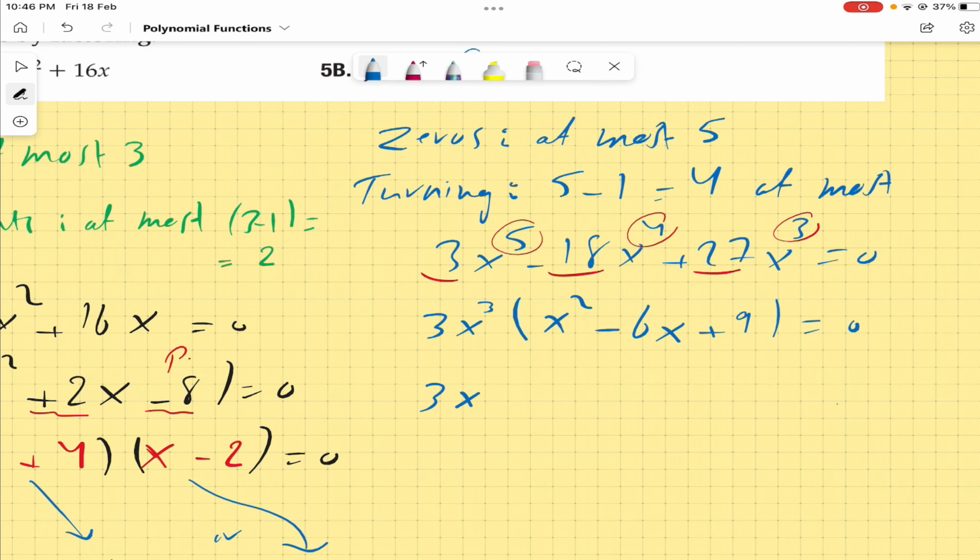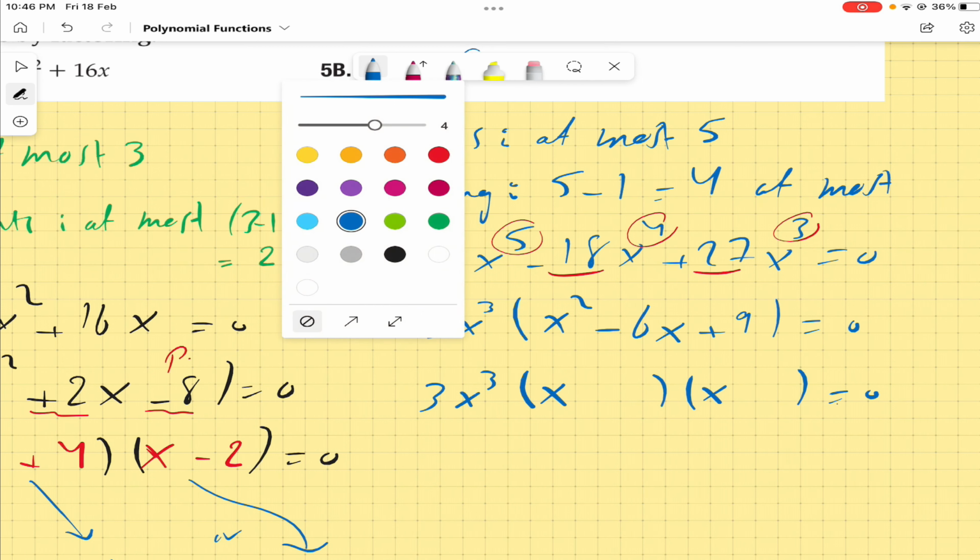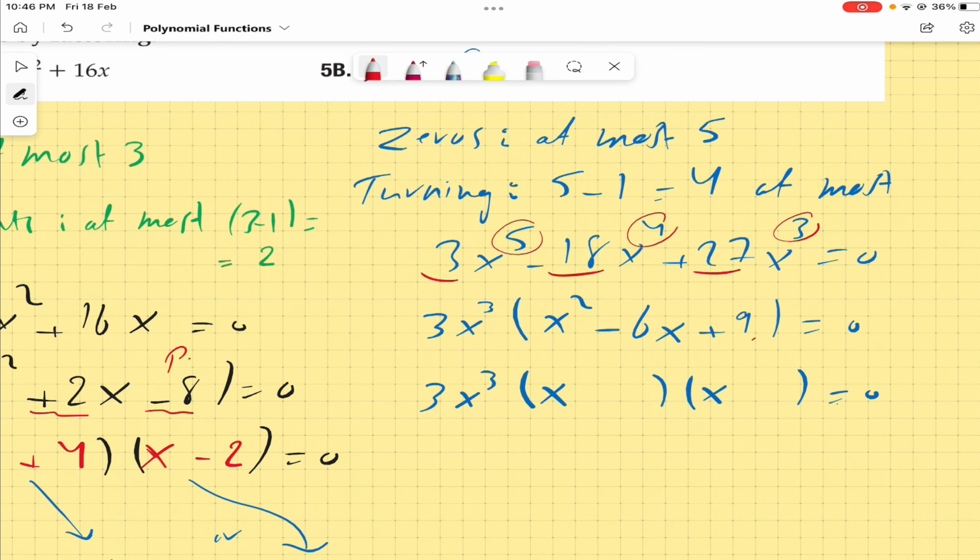We're gonna factor it more. 3x to the power 3, the quadratic can be factored by open two parentheses, x and x. Think about two numbers. When you multiply, you get +9. When you add, you get -6. The only possibility is -3 and -3.